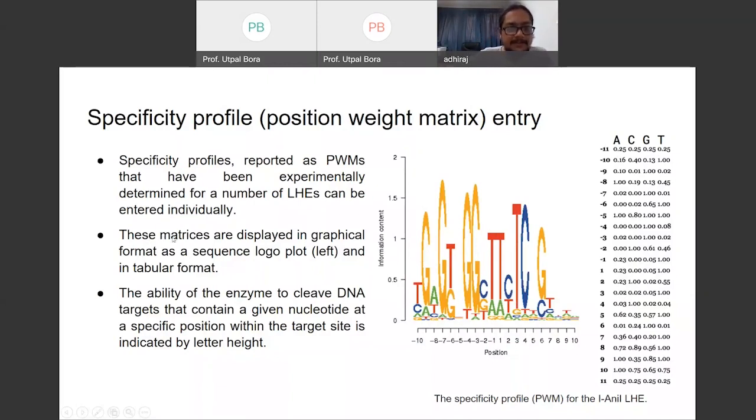These matrices are displayed in graphical format as a sequence logo plot, and in tabular format. These sequences will be there, and their occurrences are given by the height of that letter. The ability of the enzyme to cleave DNA targets that contain a given nucleotide at a specific position within a target site is indicated by the letter height. So they have used ability instead of probability anyway.